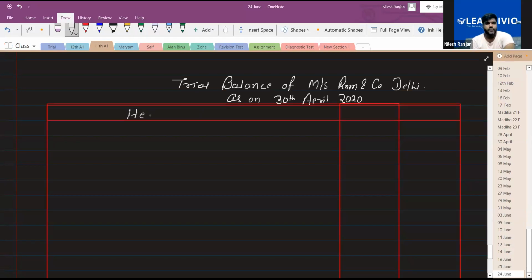So it is heads of account or particulars, debit amount and credit amount.